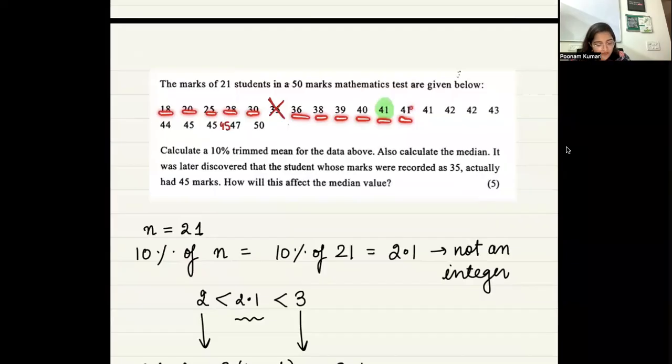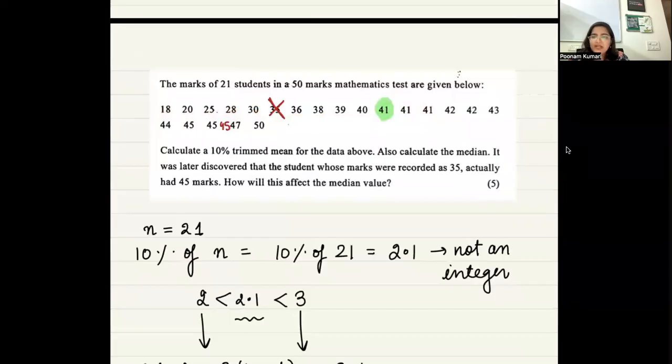Yes, ma'am. If here we would have 42, then our median value would have changed, right? Because now it's the next number that is coming, right? So our 12th position is actually our median value now, right? Did we understand this? Yes, ma'am.